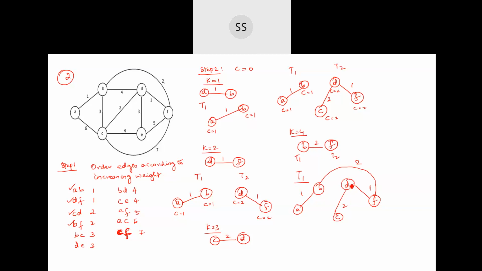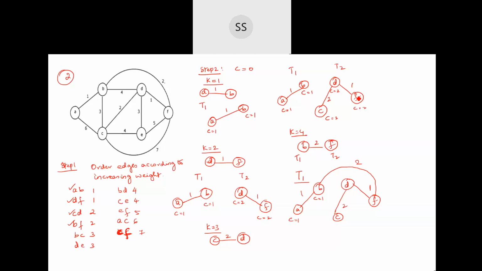Now see, T1, this all belongs to T1. All of these vertices are belonging to T1. A already had component value 1, B already had component value 1. Now what we have to do is, the remaining vertices which were belonging to T2, now they belong to the tree T1. The remaining vertices D, C, F belonged to T2.